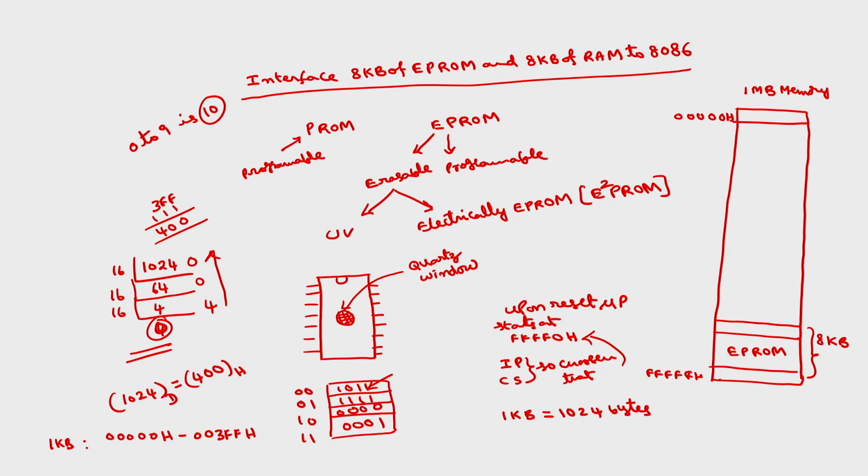So, you have to remember that 00000H to 003FFH is 1 kilobyte. If I want 2 kilobytes, it will be 1 kilobyte plus 1 kilobyte. This is only 1 kilobyte. So, what is the next address after 003FFH? The starting address of the next kilobyte will be 1 plus this address, so this will be 00400H.